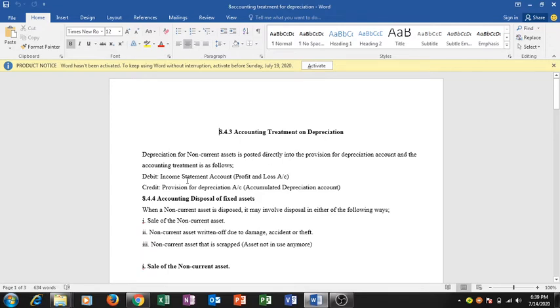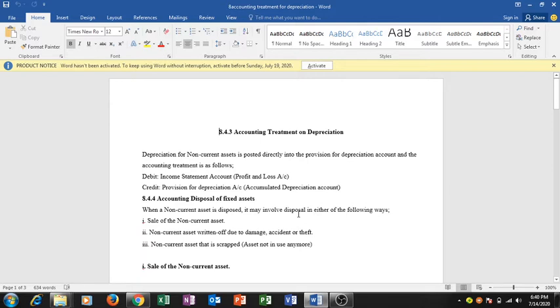To complete the double entry, the same amount that is entered in the income statement is credited in the provision for depreciation account. That account is also known as the accumulated depreciation account.